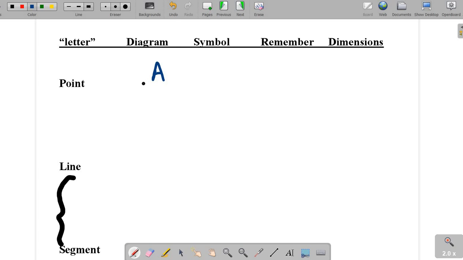So if I want to symbolize this point, I would simply say A, point A. Remember, you must use a capital letter for all points. Now a point has no length, no width, no height. So a point has 0 dimensions.